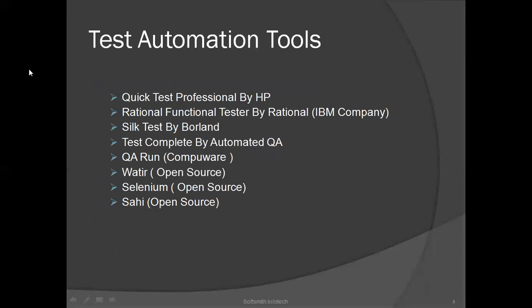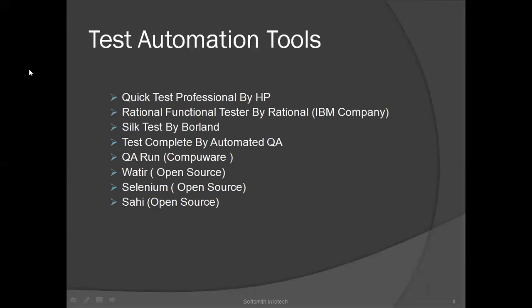There are some test automation tools available in the market, like QTP, that is QuickTest Professional by HP. Nowadays it's known as UFT, Unified Functional Testing. It's more popular, but the thing is its cost. It's the most costly. That's why nowadays many organizations are moving away from UFT.